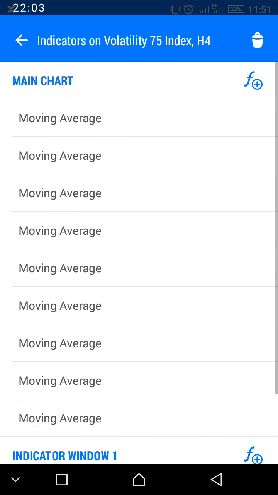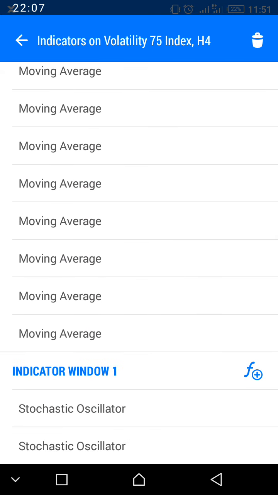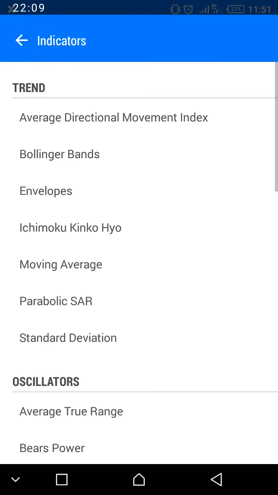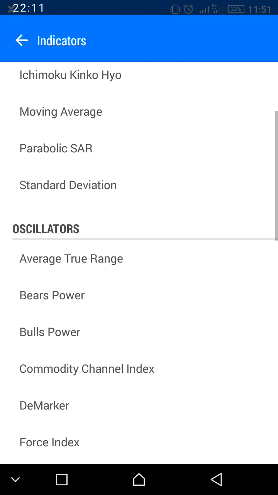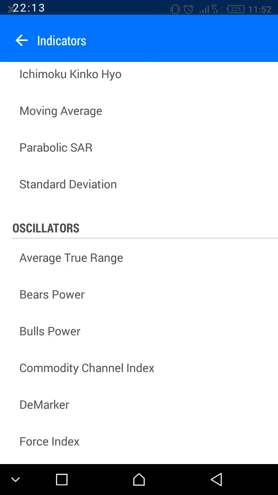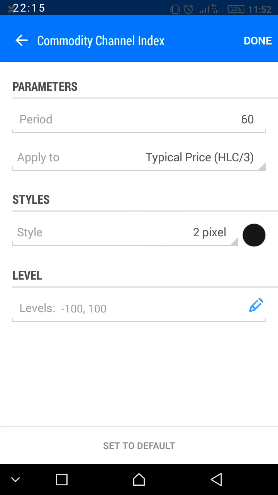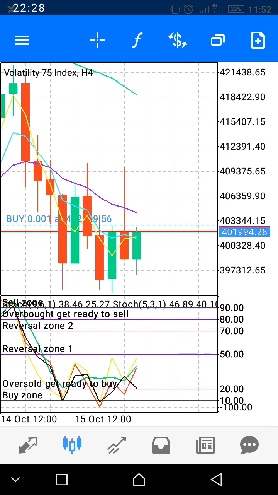Press on F plus, then you scroll up in the indicator window 1, click on F plus, and you find commodity channel index under oscillators. Click on it. Then you set the period to 60. Apply to typical price, high, low, close, divided by 3, and the color is black. Then click on done. So this is it.